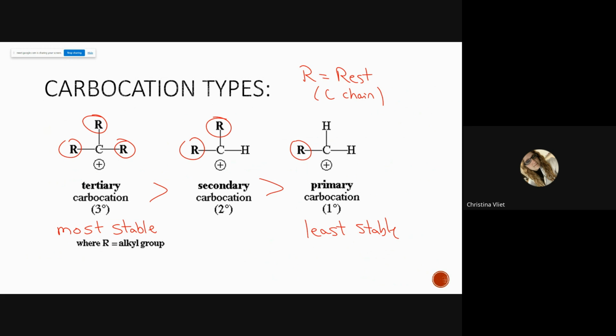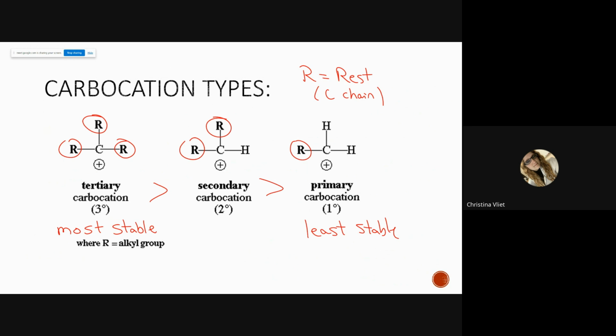It's called the inductive effect of these groups of carbons that are around this one. A way to understand it is with a little help from your friends, you'll feel better. So if the carbon has carbons surrounding it, it's going to be able to handle the positive charge more than a carbon that's alone. Hydrogens are not very helpful because they're very small atoms. They don't stabilize this very well.